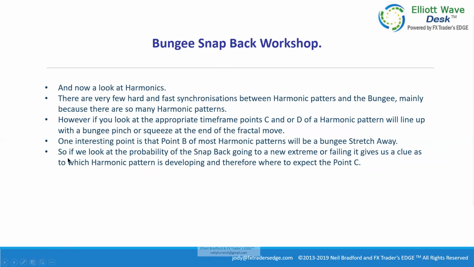Now, we've learned about one way of identifying whether the snapback will go to a new extreme, and we've learned a way of looking as to whether it will fail. So by referring to the bungee, we can get a clue as to which harmonic pattern is developing, how far the subsequent move will go, and therefore where we expect the end of point C of the harmonic pattern.